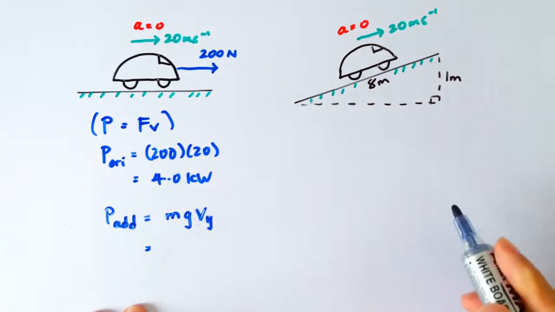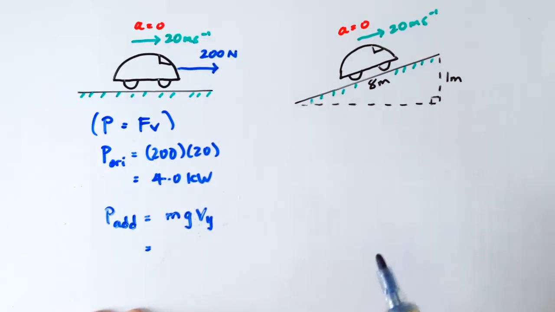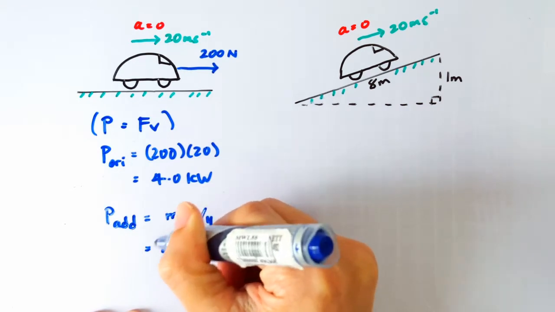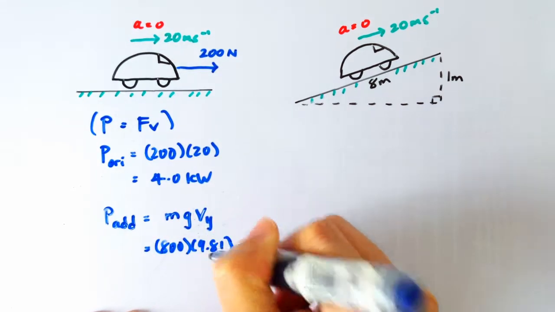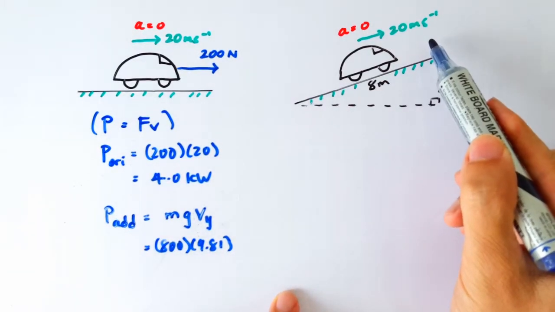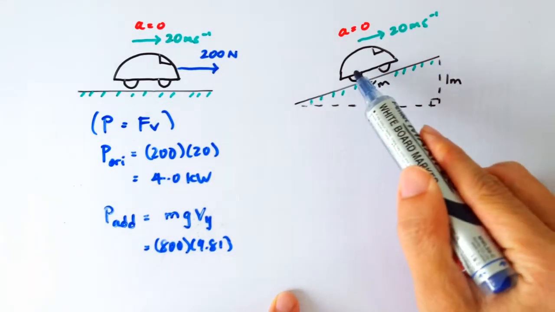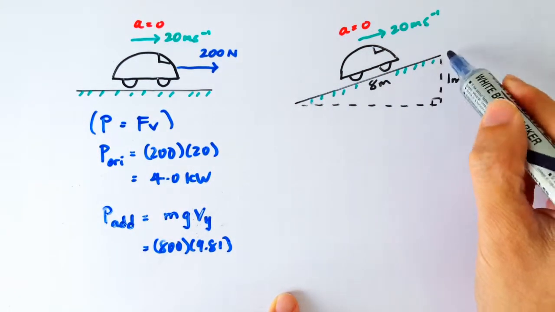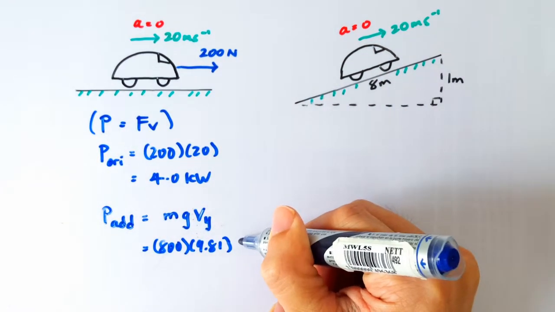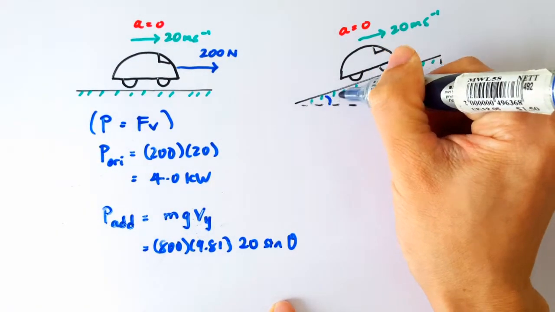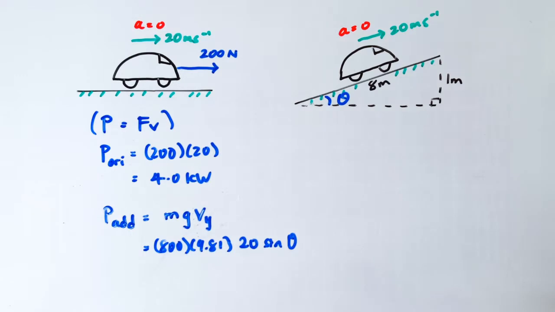So you can put in the numbers now. The mass of the car is 800, so 800 times 9.81 times the vertical velocity. The 20 meters per second is the speed along the slope. So for the vertical velocity, you need 20 sine theta, where theta is the angle of inclination.